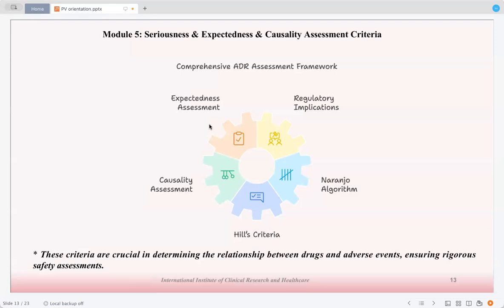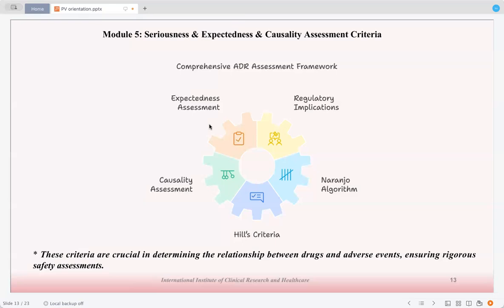Next is causality assessment. Causality assessment determines whether there is a reasonable association between the use of the drug and the occurrence of the adverse event. So whether there's a relation between the signal produced and the drug, that is causality assessment.